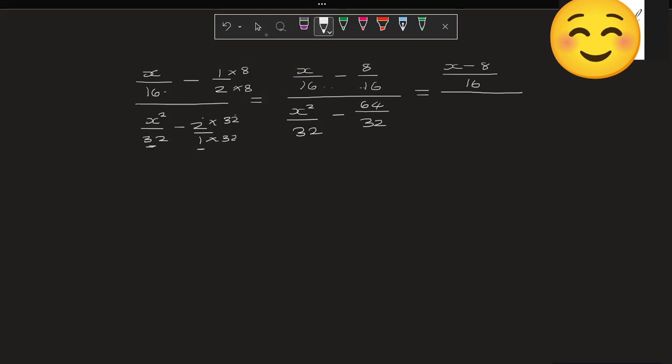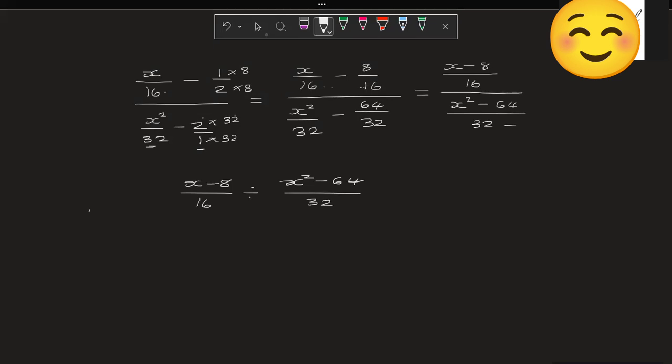And then here we're going to say x squared minus 64 over 32, since the denominators are the same. Now, if we rewrite that, we're going to have x minus 8 over 16 divided by x squared, take away 64 over 32.